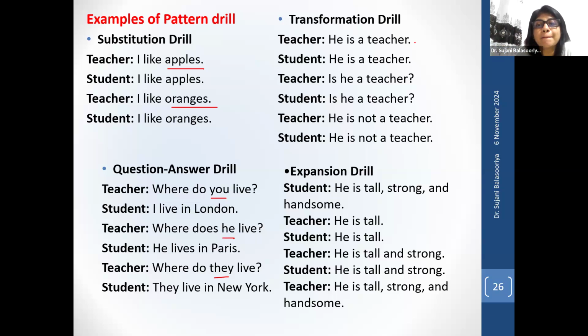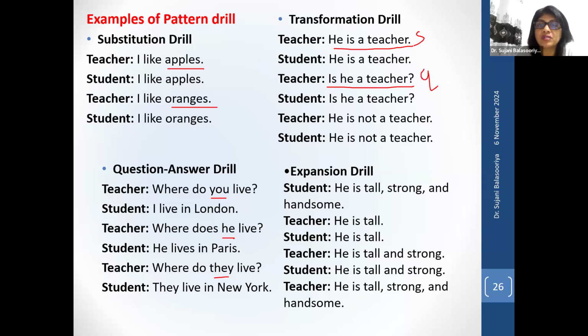Transformation drill. What's happening? The teacher says, he is a teacher, and the students repeat, he is a teacher. Then the teacher changes the sentence pattern. Is he a teacher? He is a teacher is a statement. Then the teacher transforms the statement into a what? Question, right?